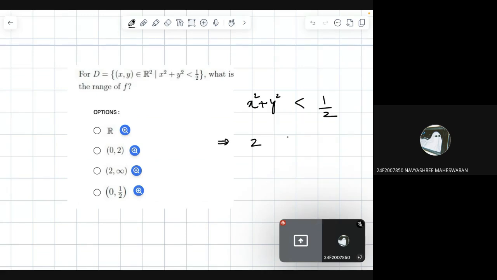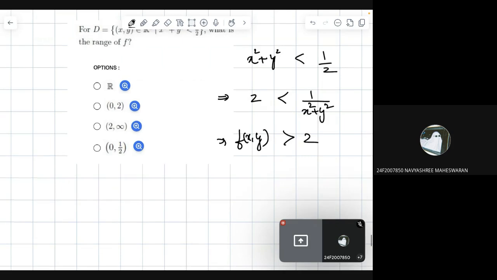We get 2 less than 1 by x square plus y square, which means f(x,y) should be greater than 2, right? That should be the range. So 2 to infinity, the third option.